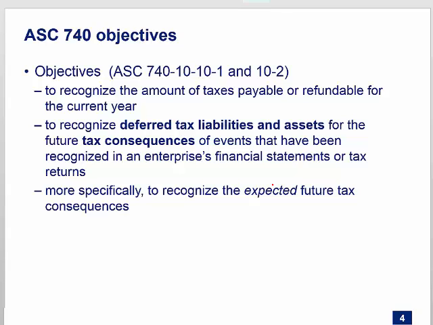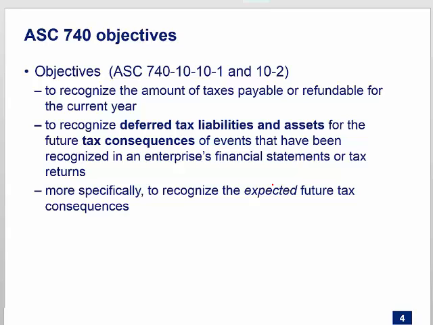And at the most basic level, the objectives for ASC 740, which you can see cited here, are to first recognize on the balance sheet the amount of taxes payable or refundable that is due. So this is probably very logical, but what you would expect is that a company, the first thing they would do is figure out how much tax do they owe, or are they owed back, and put that amount on the balance sheet as either a payable if they owe, or a receivable if they're owed.